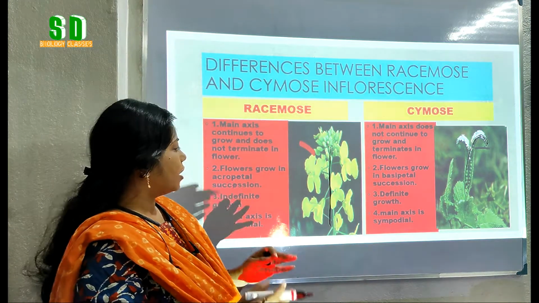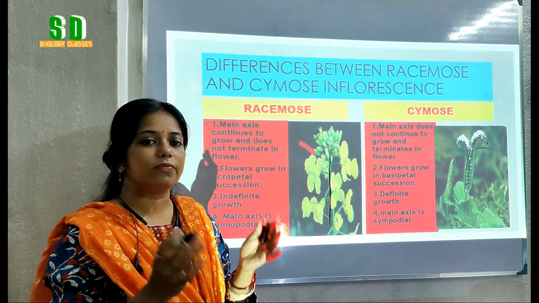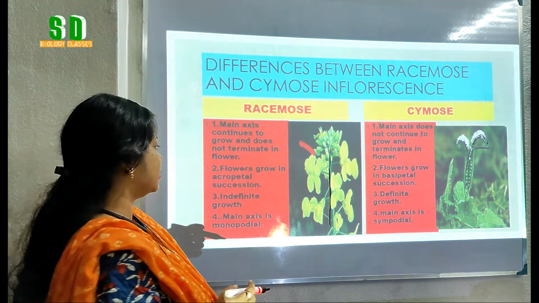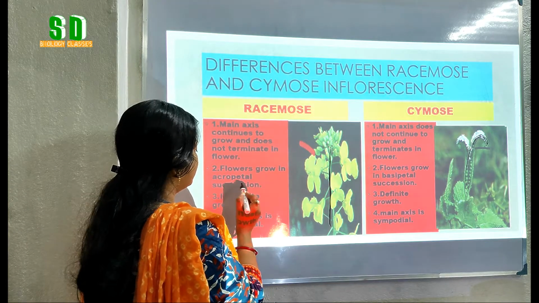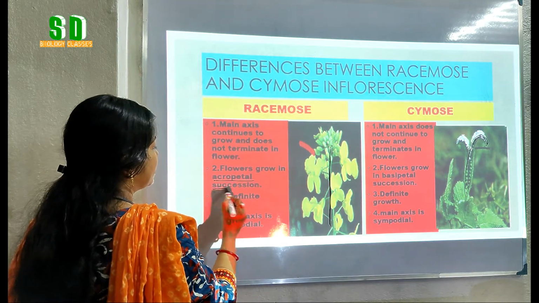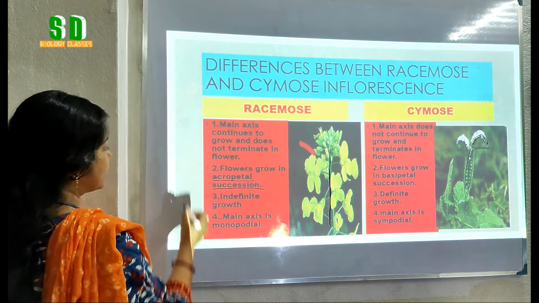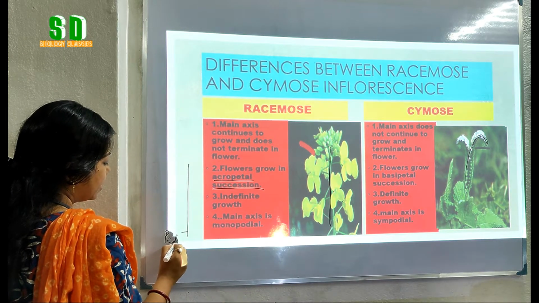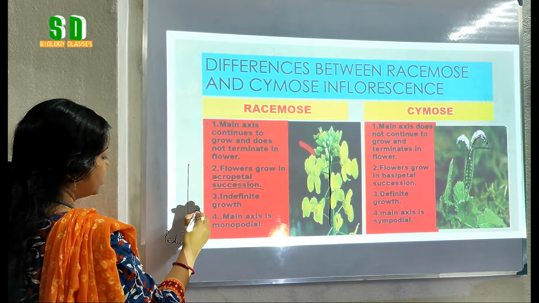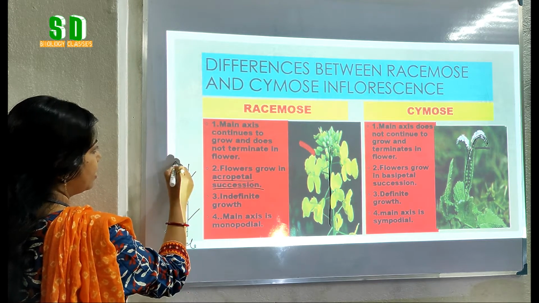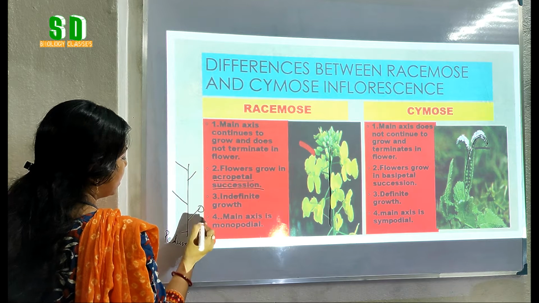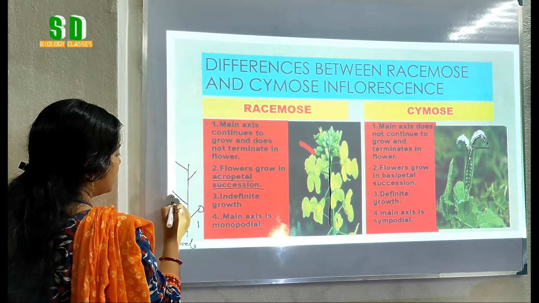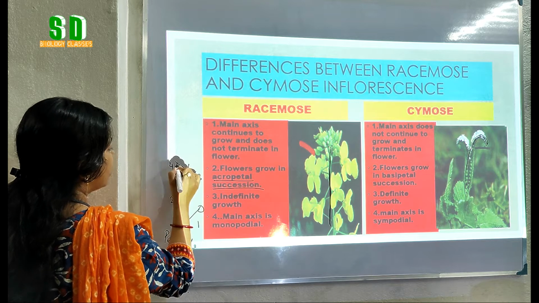Now, how are the flowers arranged on the floral axis? In case of racemose, flowers grow in acropetal succession. What does acropetal succession mean? If this is the peduncle, flowers grow in such a way in case of racemose inflorescence that the older flower is at the base and the younger flower is at the apex.